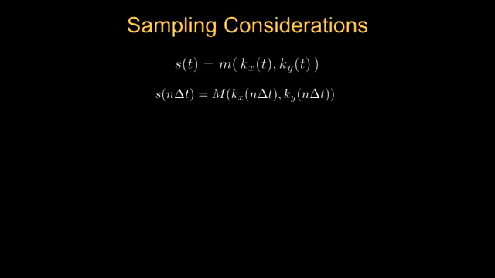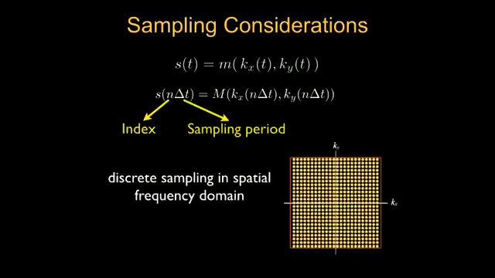Here we're going to assume delta t as the sampling period, and n as the number of samples. The same thing over the k-space domain, like n times delta k, is the index and sampling period. And instead of everything being continuous, now we're going to look at all the dots. We're not looking at a continuous line, we're looking at each dot. And once you sample it, you're going to have an aliasing artifact related to your field of view and resolution.